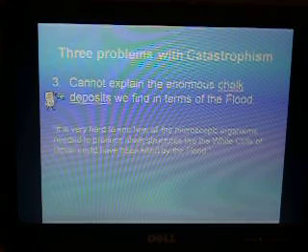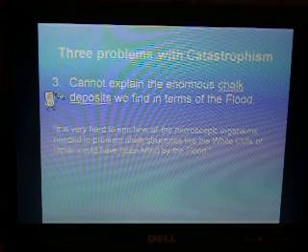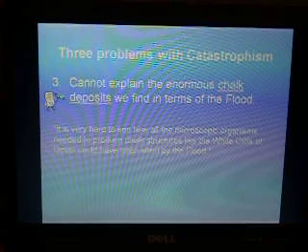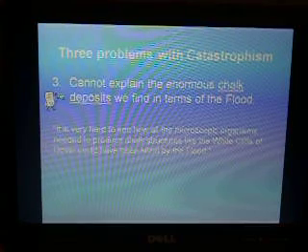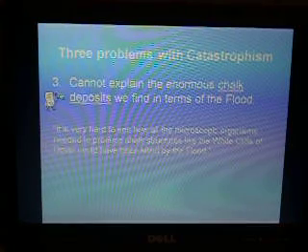It's just hard to see how there could be enough of these things to create these chalk structures like the White Cliffs of Dover. So these are some of the problems with catastrophism.